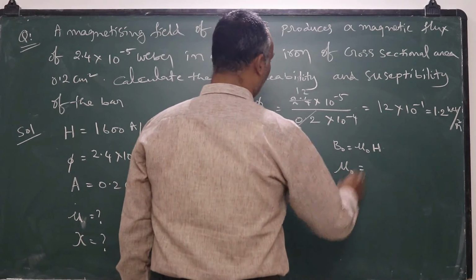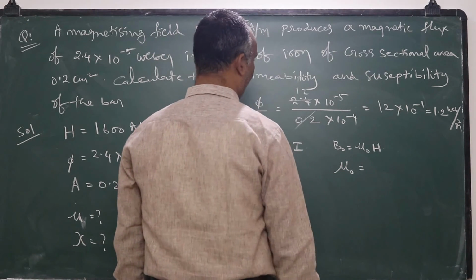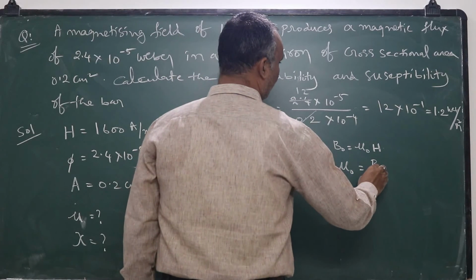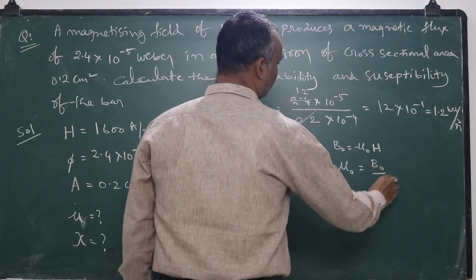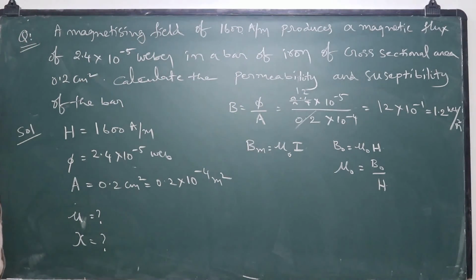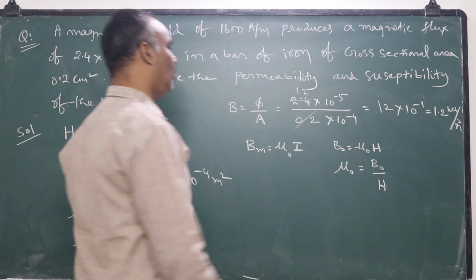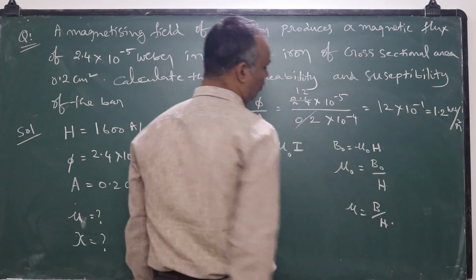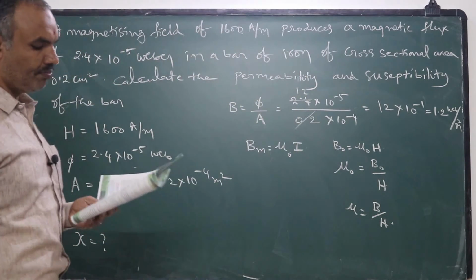Mu naught is equal to B naught by H. Mu is equal to B by H. So B value is ready, and H value they gave as 1600.